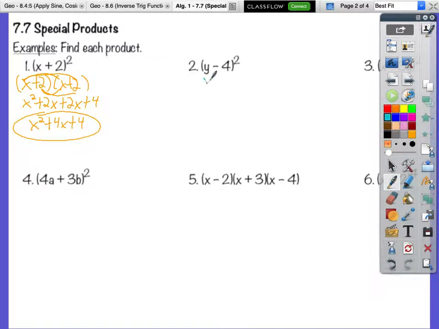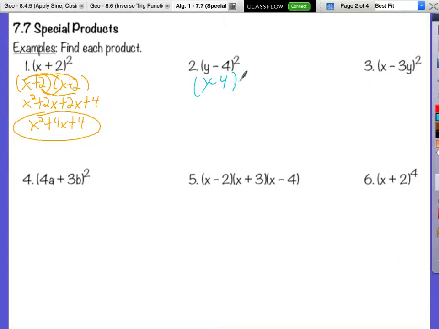So here, we do y minus 4 times y minus 4. We distribute this, we get y squared, negative 4y, we do our foiling, negative 4y, and positive 16. Now the biggest thing I saw as I went around and talked to you guys was when we got to this point and combined these negative 4y and negative 4y.